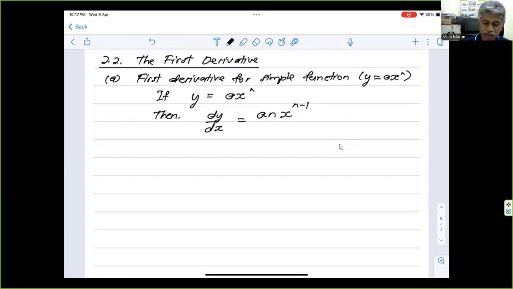Okay, or this can also be written like this, and d by dx you're asked to find the derivative of this function. Same thing, and the answer will be the same, a n x to the power n minus 1.